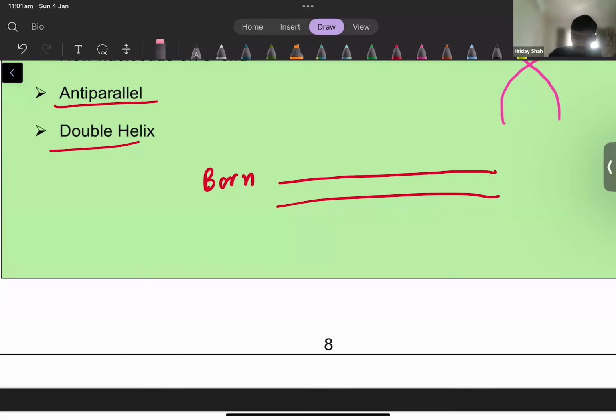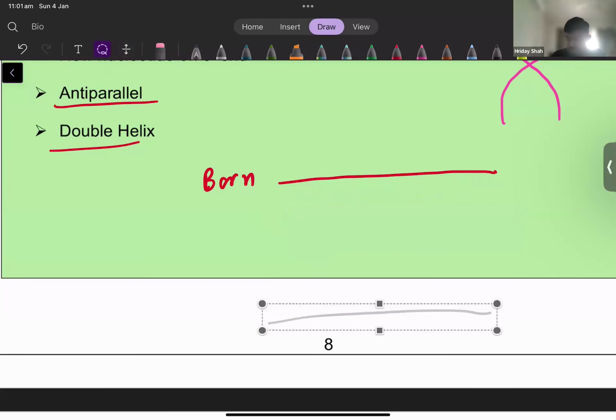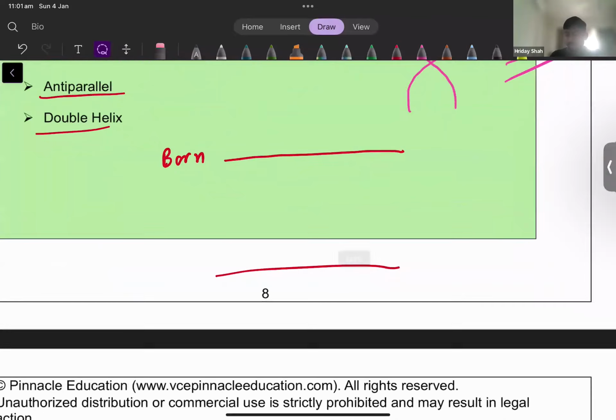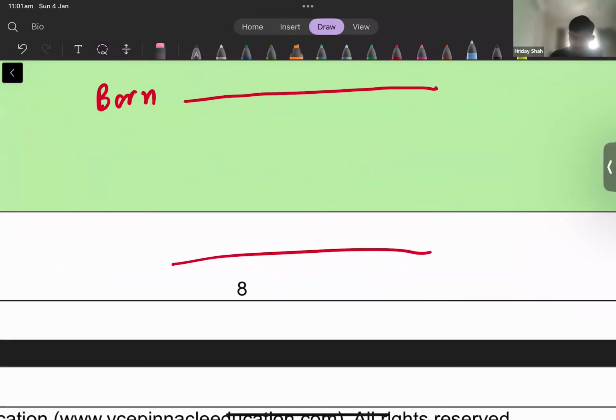So what would happen for replication to occur is that you take one strand of DNA that is already in full length, and then you'll be building another strand on top of that. So the strand you are building must go from 5 prime to 3 prime.